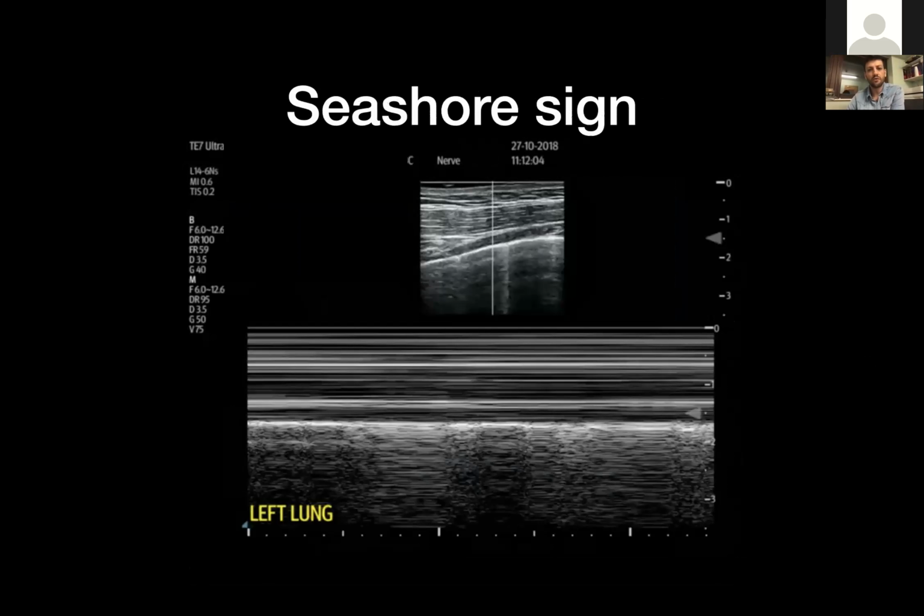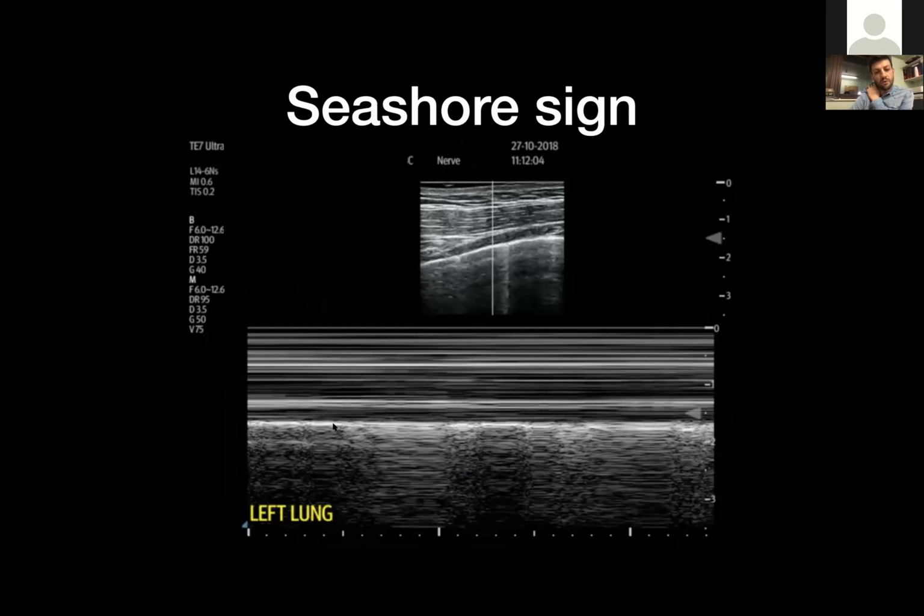If we put M mode through, so as Anna's mentioned, this is the motion mode, and we're going to look at all of the information along this one scan line, and we're going to look at that over time. So the x-axis is time and the y-axis is depth. So the soft tissues here are not moving, and we see just a series of straight lines.